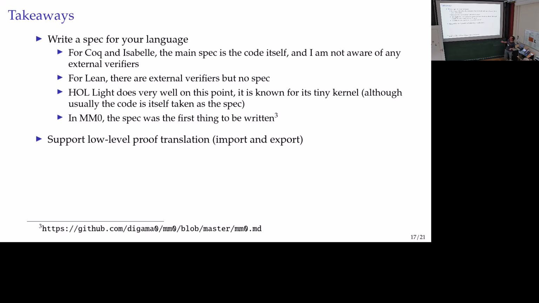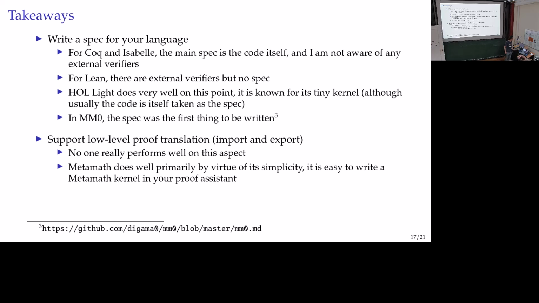One of the things that can be done to improve this situation is to have some kind of proof translation between systems. No one really performs well here. I actually already mentioned earlier in this talk that I can verify set.mm, which is a Metamath file, in Metamath 0, which is a different language. In order to do that, I wrote a translator from Metamath to Metamath 0.